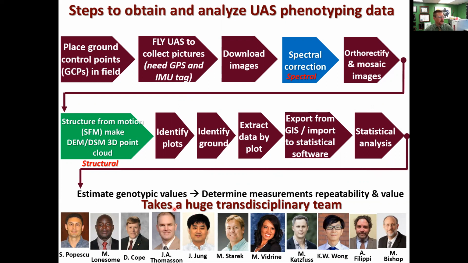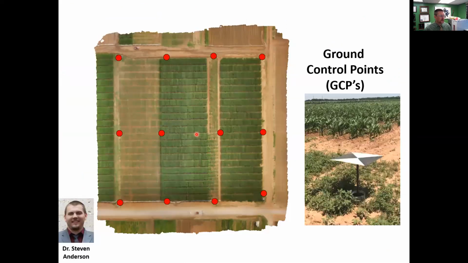It's only through the talented team members here and my awesome graduate students that this has been possible. But the exciting news for you as scientists is I think these tools are on the cusp of becoming routine. Once you've done all this, which seems like a lot, if it's like genomics and software comes out to simplify your life, it probably won't be all that difficult to collect. Then we can get the data we need to make better decisions. So I mentioned ground control points.